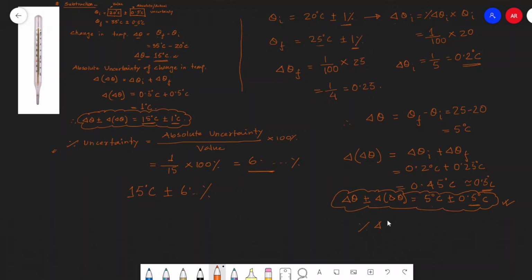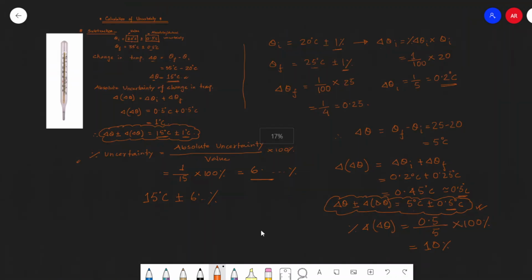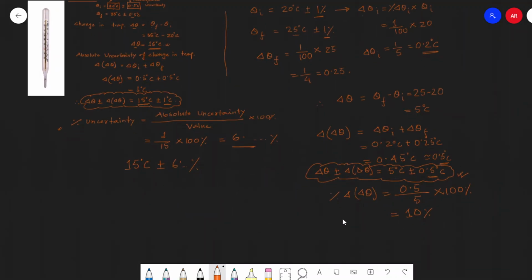The percentage uncertainty of del theta is 0.5 divided by 5, absolute uncertainty divided by value, into 100%, which means 10%. So right here we are expressing the 5 degrees Celsius plus minus 10% as the percentage uncertainty. So this is also one standard form of expressing the result.